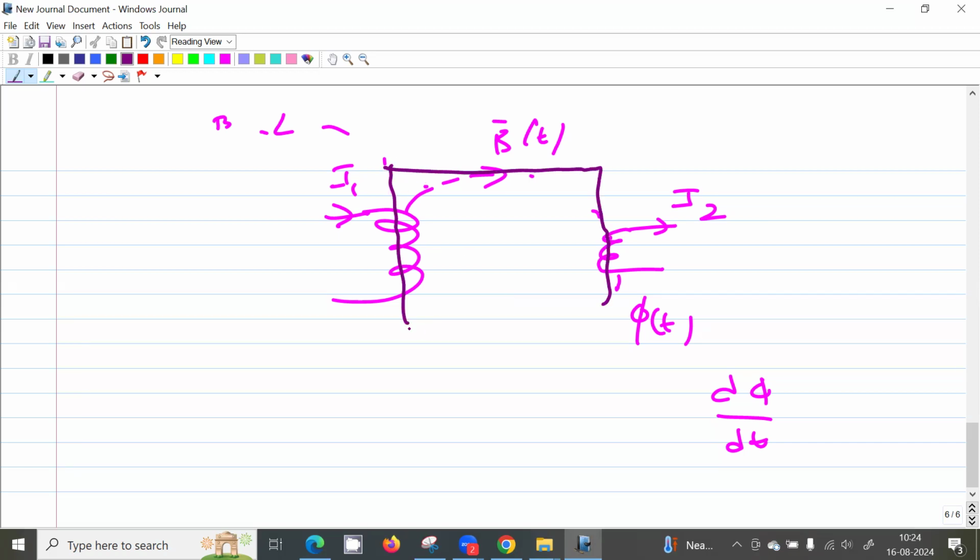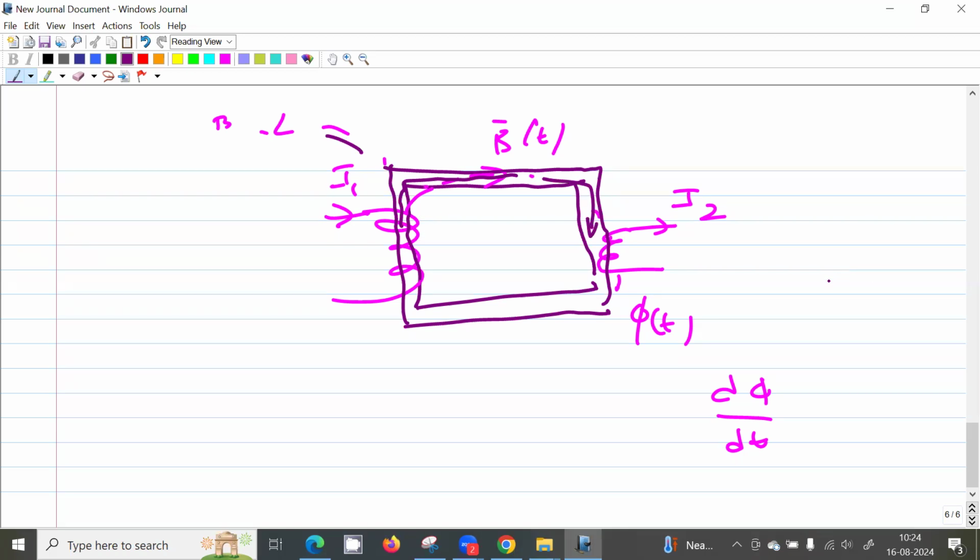If you have something like this, made of soft iron, it is like a conductor of magnetic field lines. So all the field lines which are outside will come within this thing only. If you do something like this, the field lines produced by the first coil will link the second one.